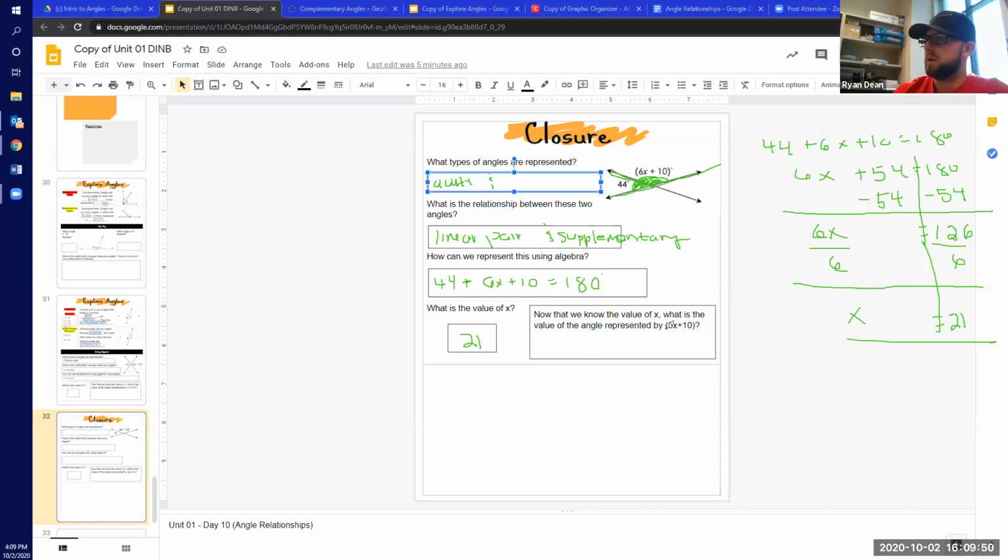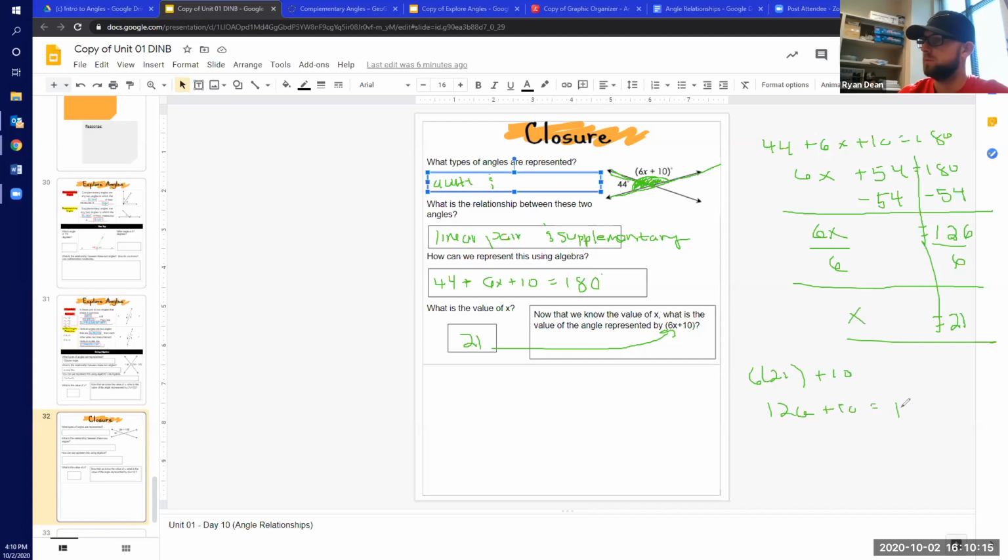Okay, so we need to figure out, again, if this 6x plus 10 is obtuse. So I take the 21 and I'm going to plug it back in for this x. So we have 6 times 21 plus 10. 6 times 21 is 126.